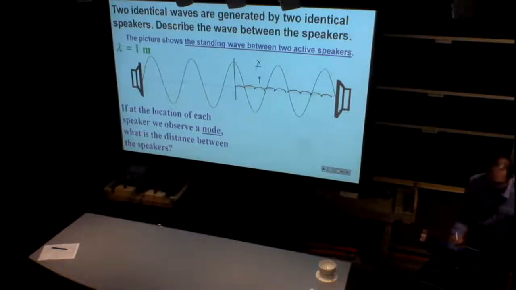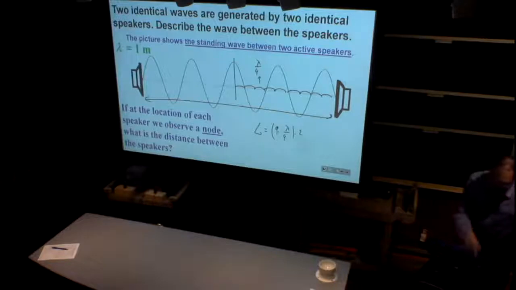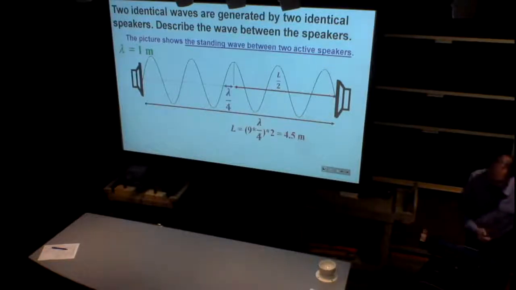A quarter of a wavelength. So the total distance between these two speakers is pure geometry now, no physics at all. So it has to be equal to 9 quarters times the length of 1 quarter, and we have to multiply by 2 because we have 2 halves. And I believe that answer is 4.5. Pure geometry. Visualizing things is important.